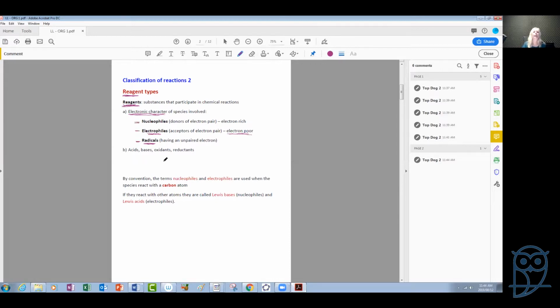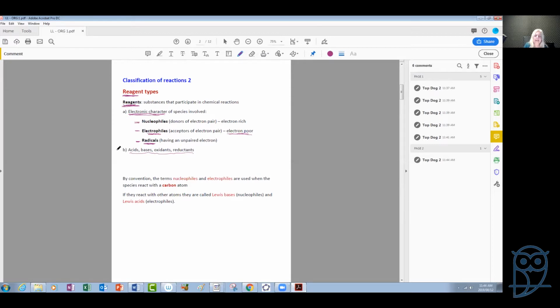So anyway, these are the terms that we are going to need very often, and we need to understand what they are. And another group in this category of the reagent types is when we classify them in terms of redox reactions and acid-base reactions, where we talk about which one is the oxidizing agent or the reducing agent, this type of classification, which concerns the oxidation and reduction reactions.